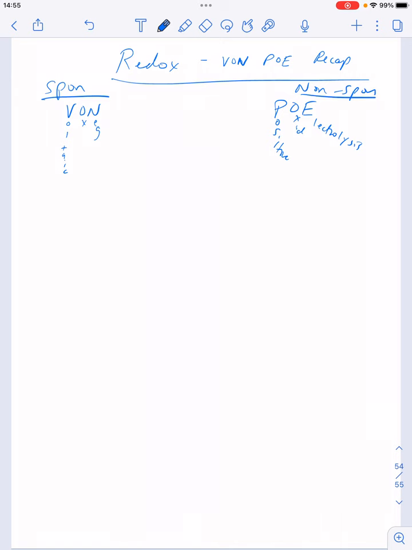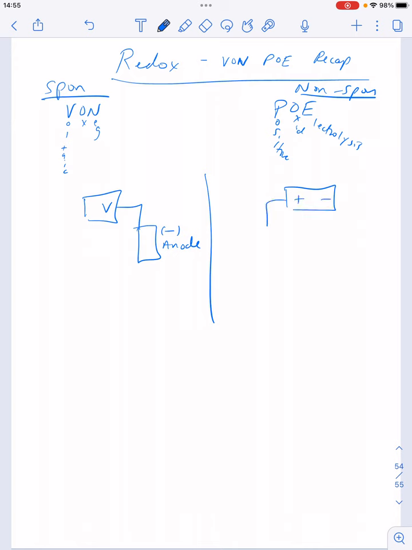And so in a voltaic cell, oxidation happens at the negative electrode. And so when we have the negative electrode, that is also going to be the anode. So von Poe tells us where the anode is. In electrolysis, the positive electrode is the anode. So the electrode is positive, it's also the anode, and this is where oxidation happens.